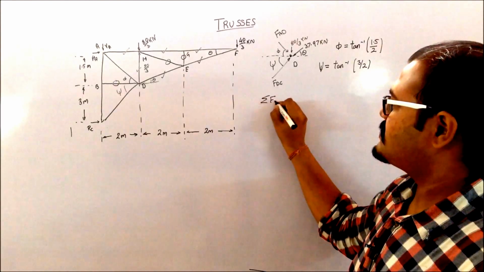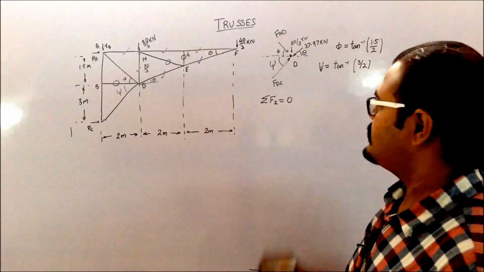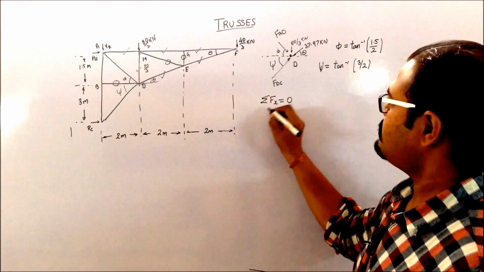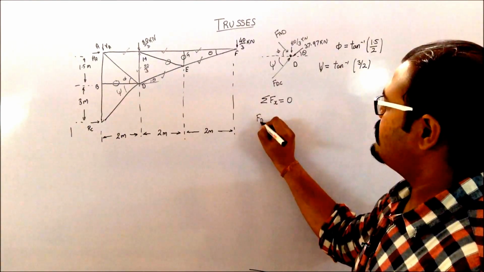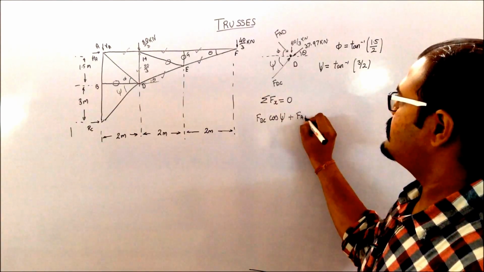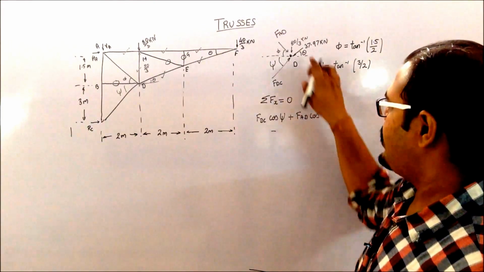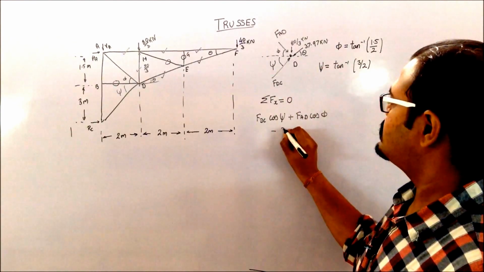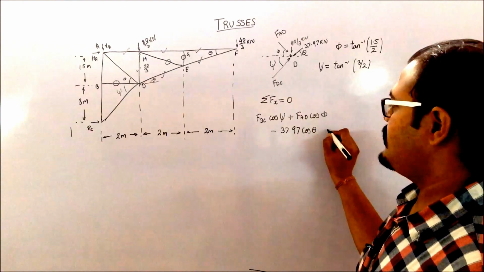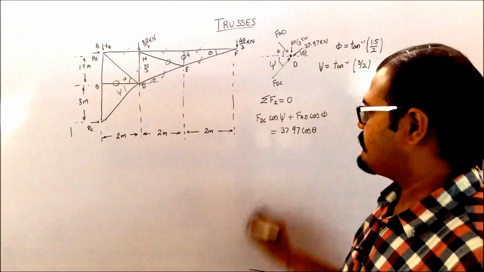Summation Fx equals 0 will give the equation: FDC cos xi plus FAD cos phi will be equated to this particular force, that is, minus 37.97 cos theta equal to 0. So this goes on that side and I get this equation.